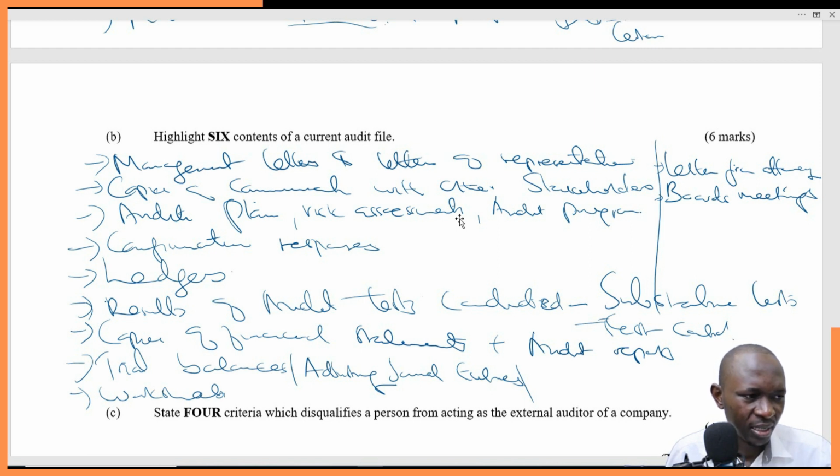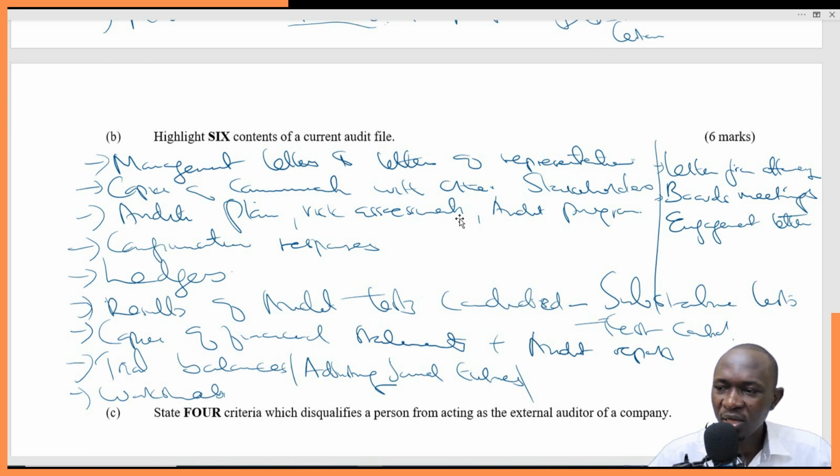We've talked about the overall audit plan, audit program. Engagement letter, we have not talked about. Yes, the engagement letter should also be contained in the current audit file, especially if it's renewable every year. So it's supposed to be one of the working papers.